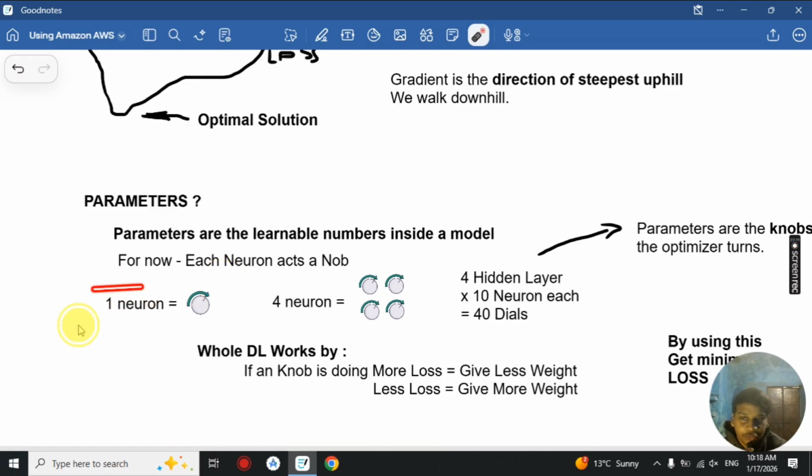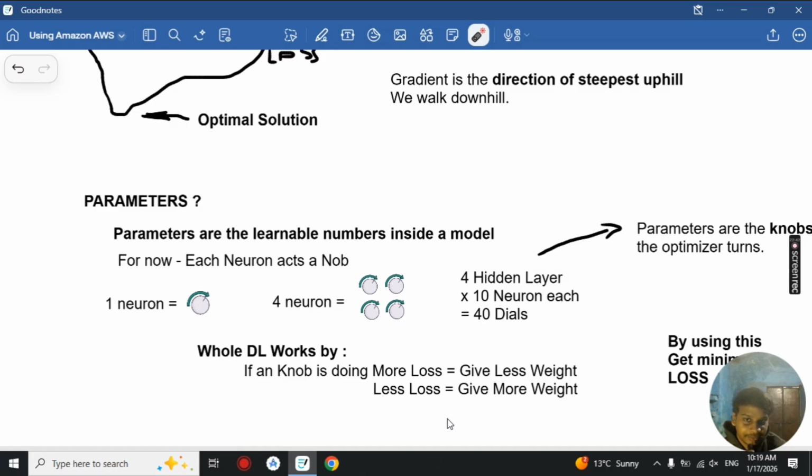For one neuron we have one weight, for 4 neurons we have 4 knobs, and in a real case scenario, if we have 4 hidden layers with 10 neurons each, we have 40 dials for that problem.